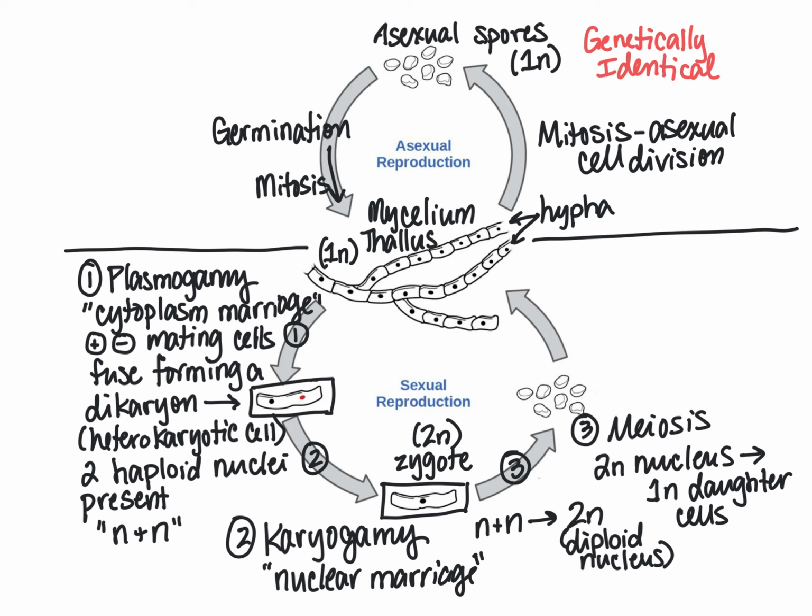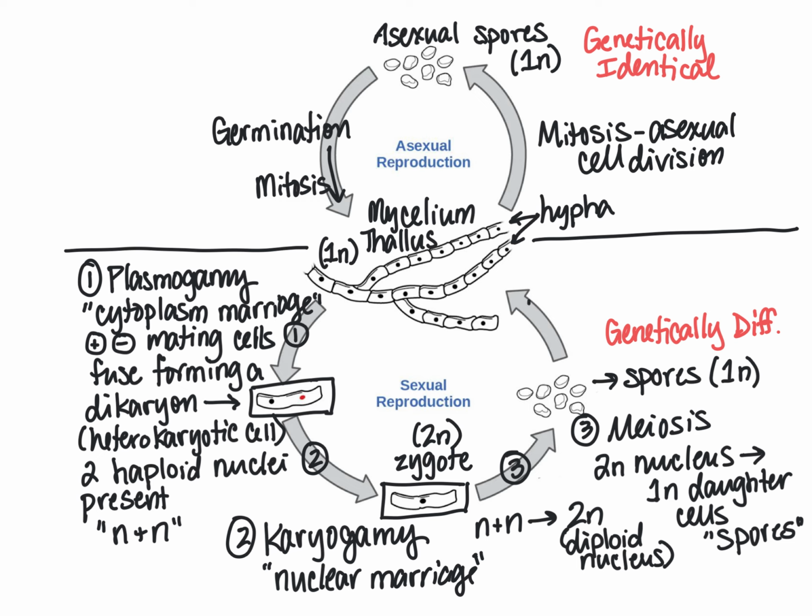These daughter cells are going to be called spores, and you can see those spores on this diagram here. It's important to note that these spores produced by sexual reproduction are genetically different from each other, and genetically different from the original cell that they were produced from.